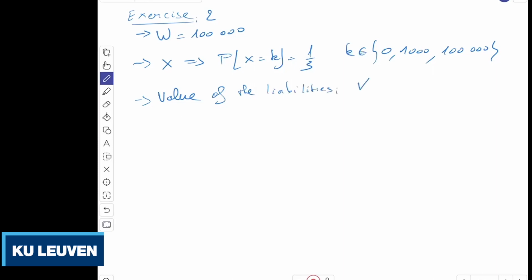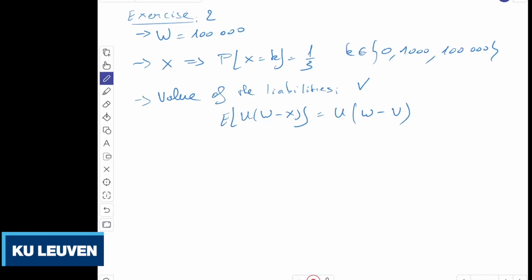is the following. We denote it by V, and V is determined using the following equation. You look at the expected utility when you are just facing the losses X, compared to the utility when you are transferring your loss to another party. So I value my liabilities by using an insurance, or in this case, reinsurance premium.